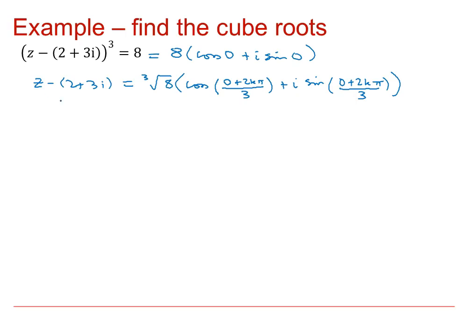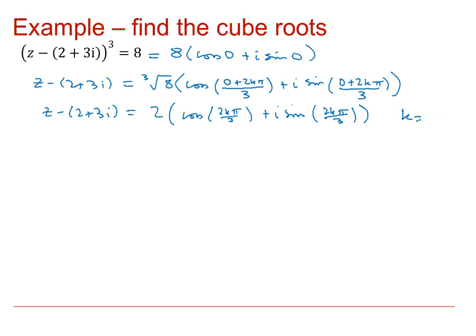So simplifying this a little bit more now, we've got z minus (2 plus 3i) is exactly the same as 2, and just tidying up this bracket a little bit, it's cos(2k pi over 3) plus i sin(2k pi over 3). And we're now going to look at k is 0, 1 or 2.